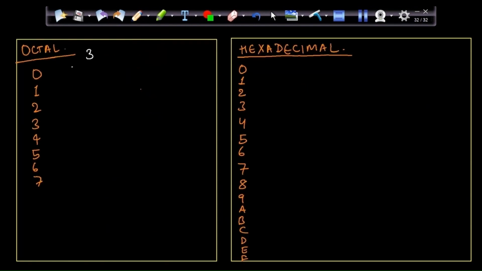If to 3 you add 4, what you get is 7. 7 is the largest 1 digit octal number. So this 4 is nothing but, if it is octal it means base is 8, so this 4 is nothing but 7's complement of 3 in octal number system.